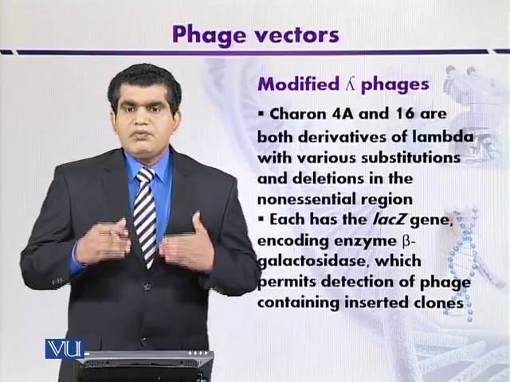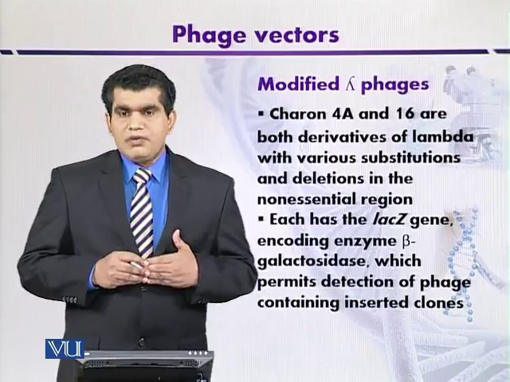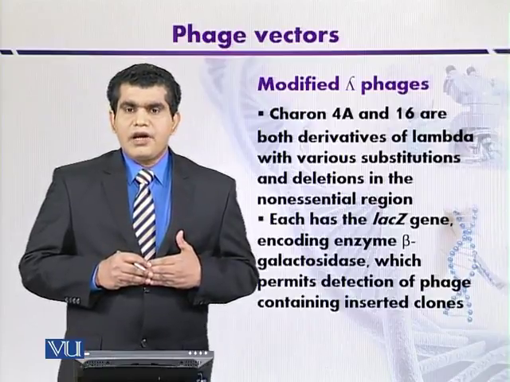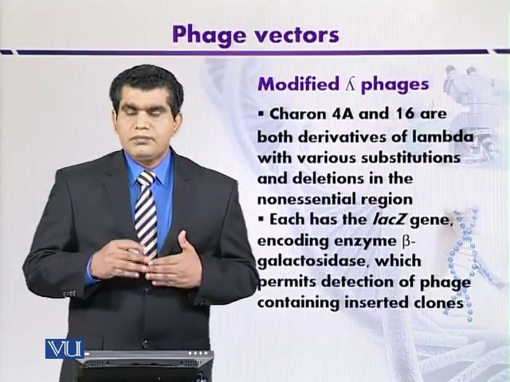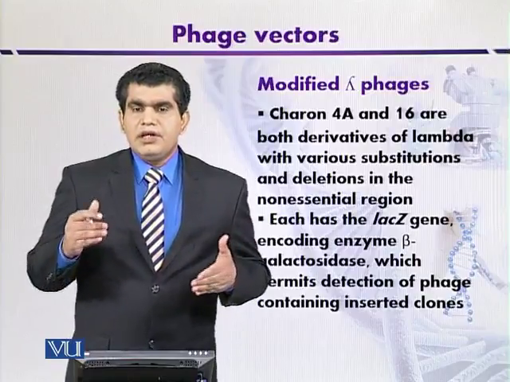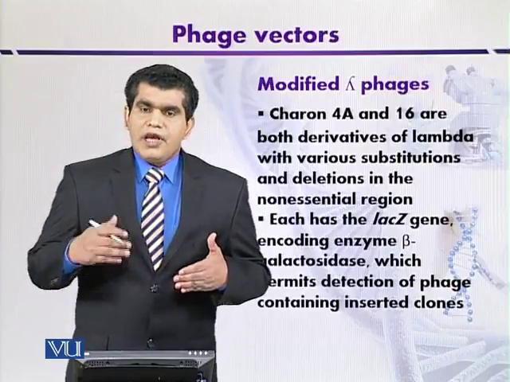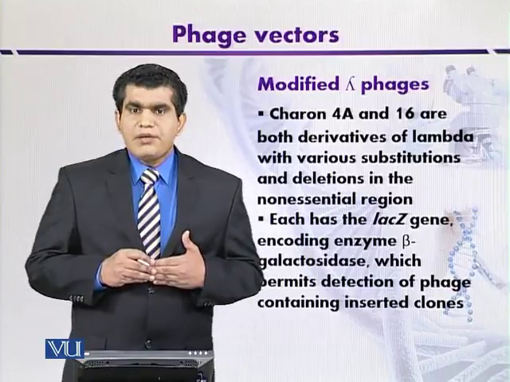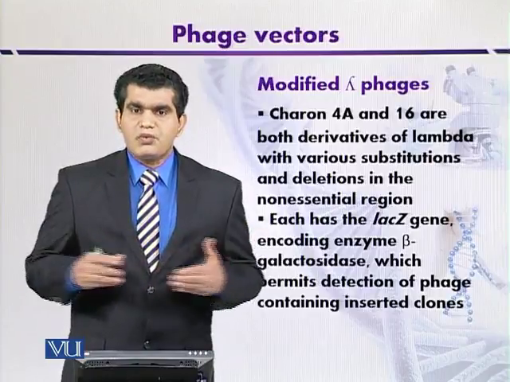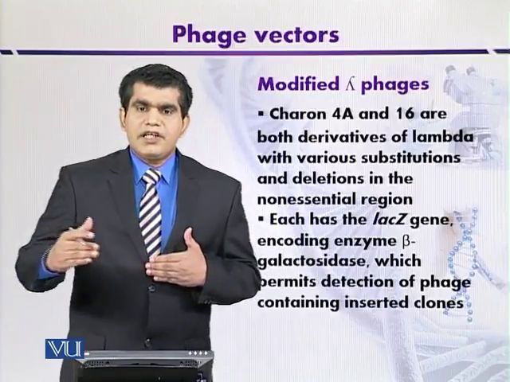If we compare these two types of vectors like Charon 4A and Charon 16, then one can say that in case of Charon 4A, the fragment has been removed and foreign DNA has been inserted.